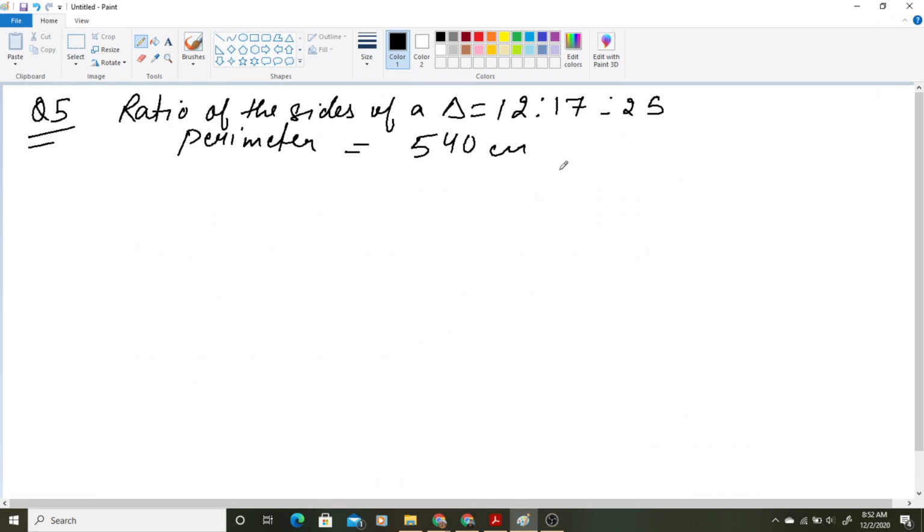Okay, see, if you are given the ratio of the sides, just draw a triangle.